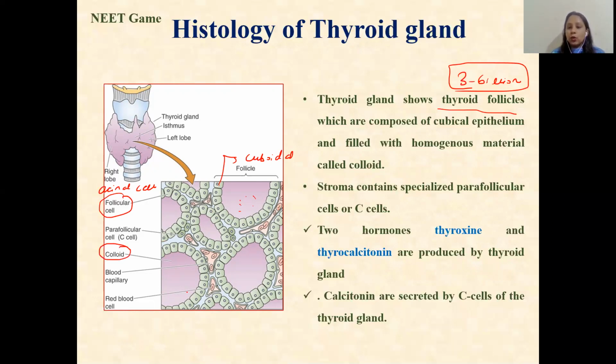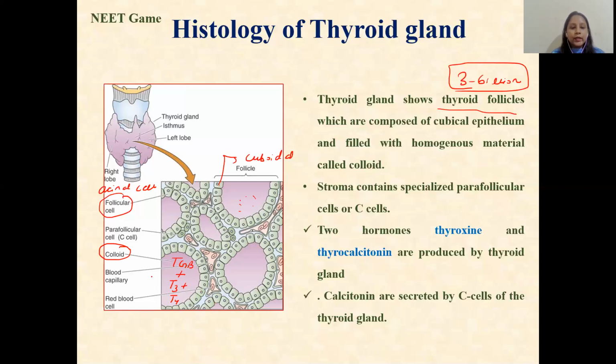This colloid contains thyroglobulin, plus the T3 hormone and the T4 hormone. I will tell you what T3 and T4 are, but the colloid contains these three things: thyroglobulin, T3, and T4. T3 and T4 are your thyroid hormones.